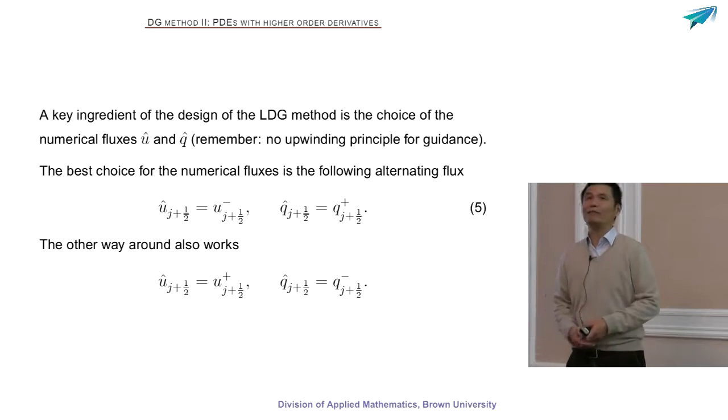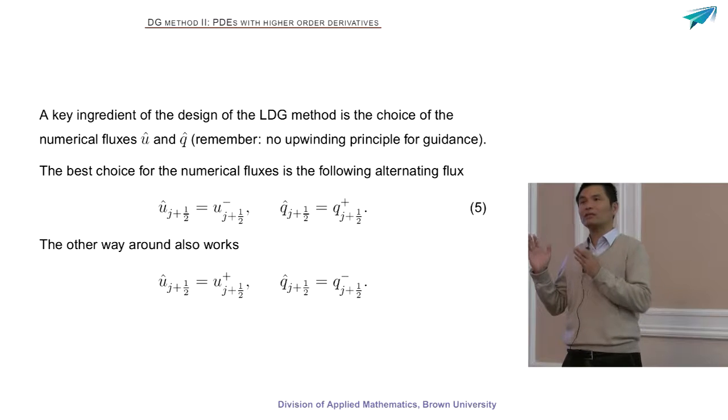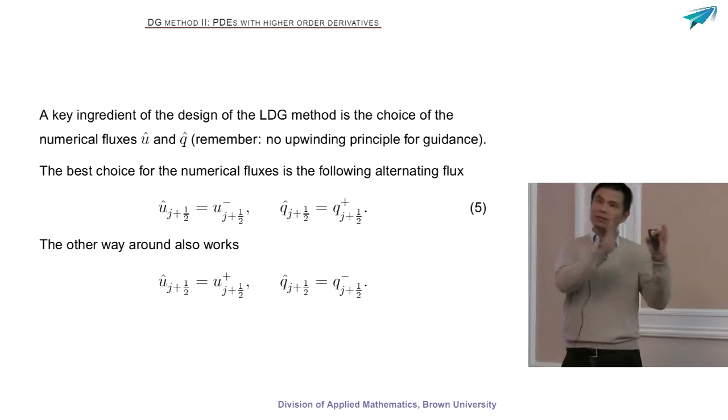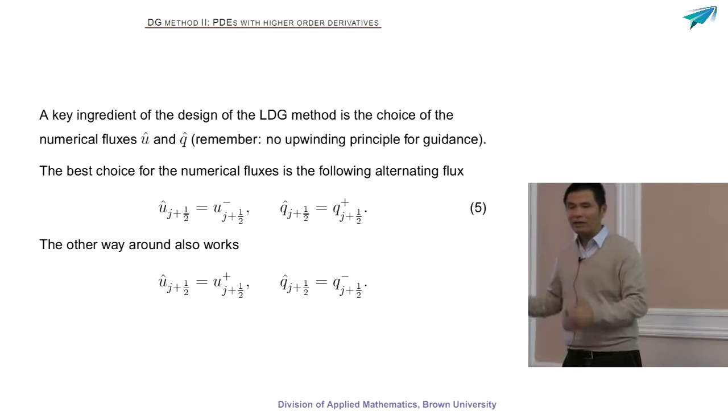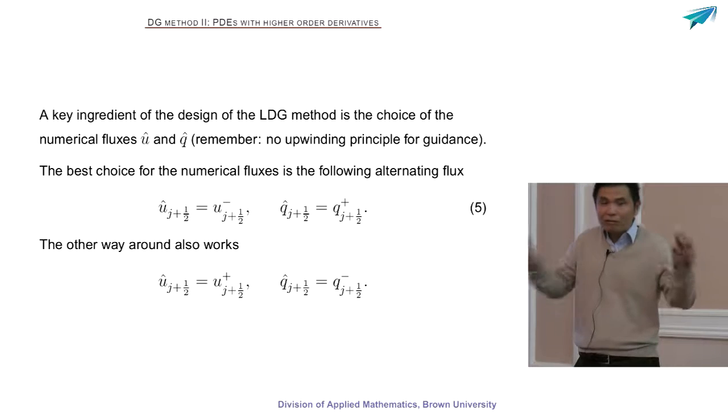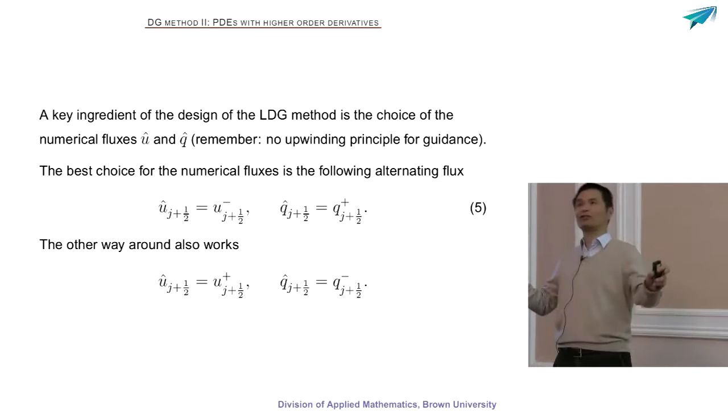So of course, with mixed finite elements, there are a lot of restrictions on what polynomial space you can use for Q. You have a polynomial space for U, you have a polynomial space for Q. These two spaces would basically have to match.